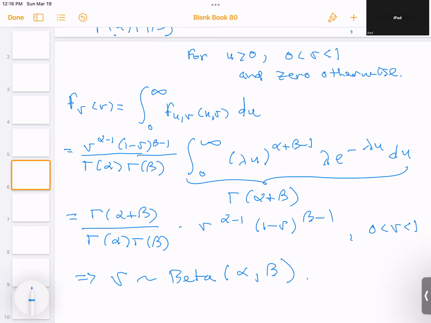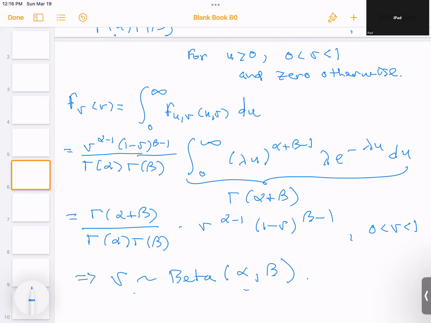Okay, so what were we taking? The ratio of x to x plus y, and remember both x and y had the same rate parameter, and so we get a mean for v, the ratio, of alpha over alpha plus beta.